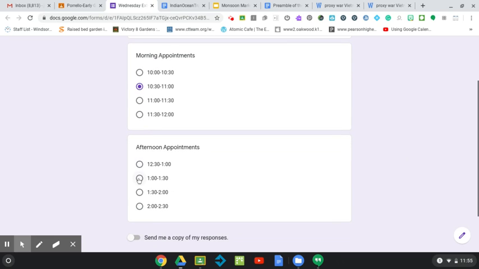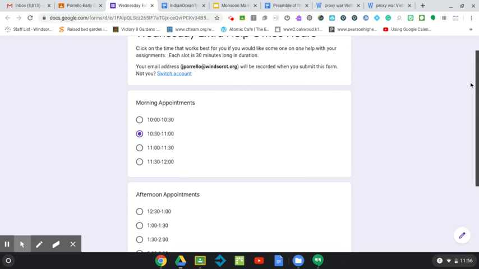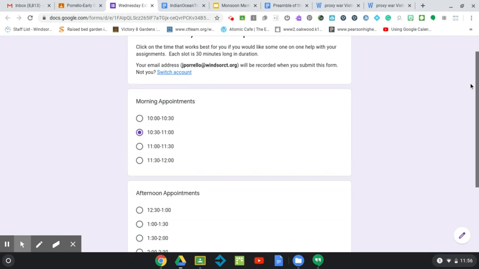Sign up for any 30-minute window of time that works for you, and I will send you further information in an email with a link to our Google Meet web link that can connect us so that we can meet together in video conference. That way, in my opinion, it'll really help you to catch up if you need to catch up, or it'll clarify any questions or problems you're having with any of the assignments.